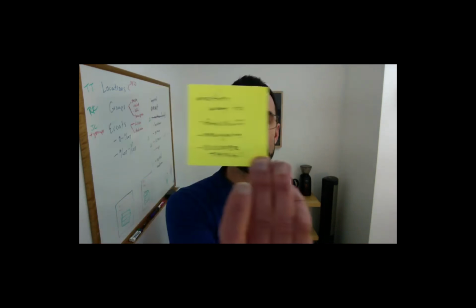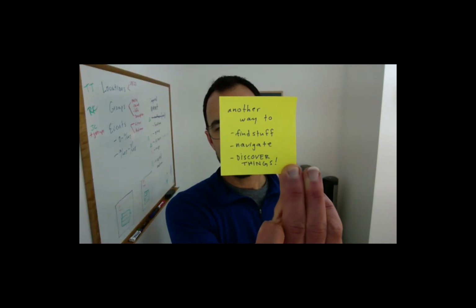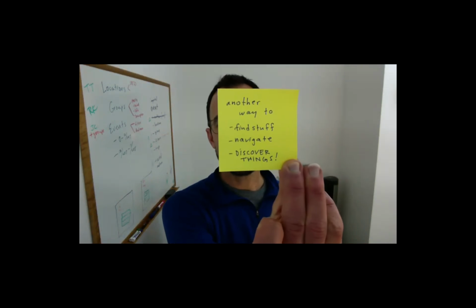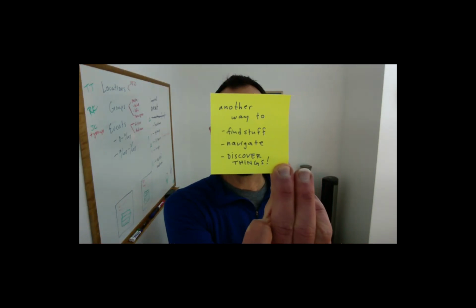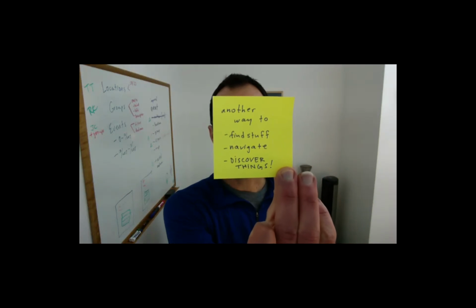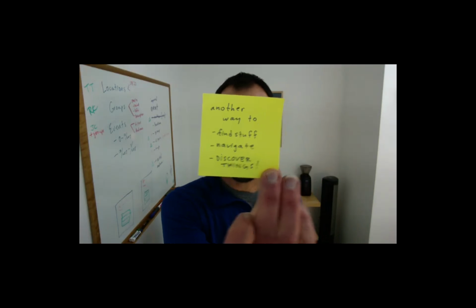When you see something on a billboard, it should be memorable. And so a good URL is memorable, and it helps us find stuff, navigate, and discover things that we may not have previously known were there. We'll get into an example of that in just a minute.